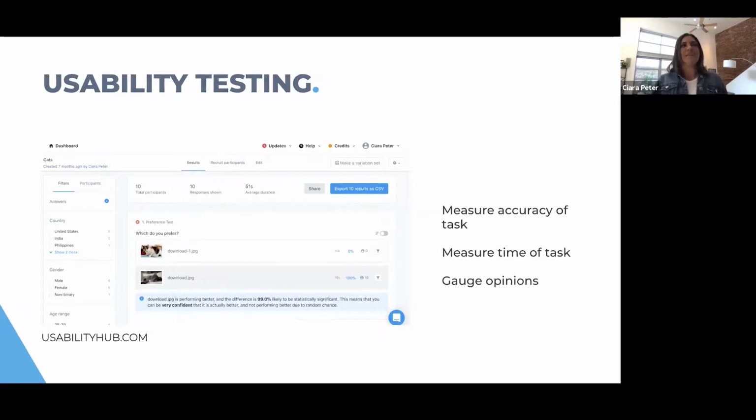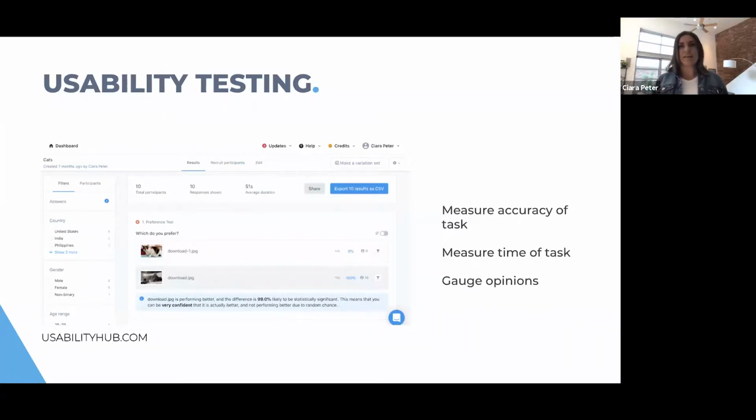So this is a very simplistic test, but a better test that I like is measuring the accuracy of a task. A lot of the times there will be some debate on what is the right call to action, what is the right placement of an item on a page, will people understand what this icon is? And I like putting up 2 side by side, where either I test today and the proposal, or if it's some new design, testing 2 different options, asking the same question.